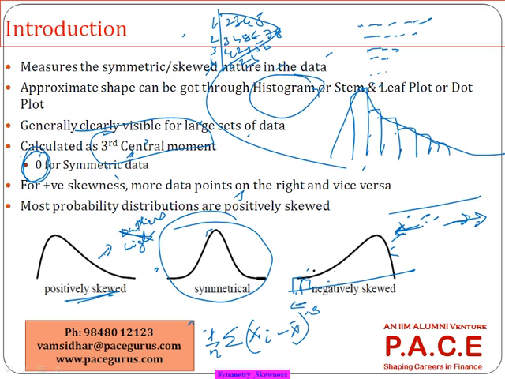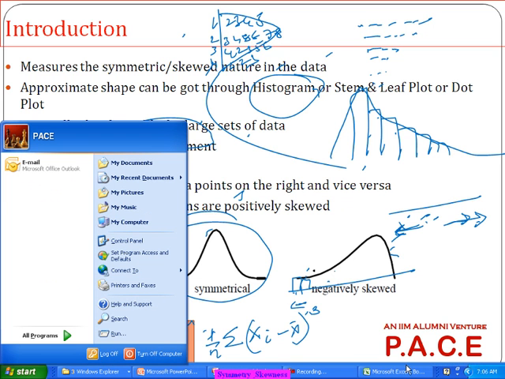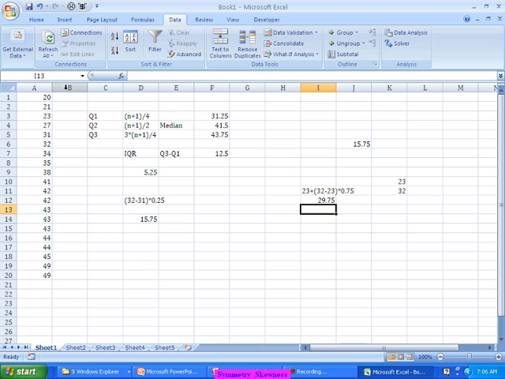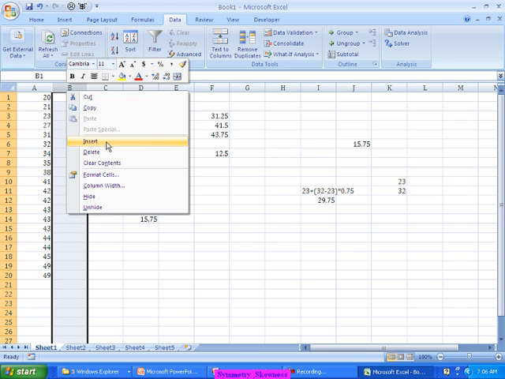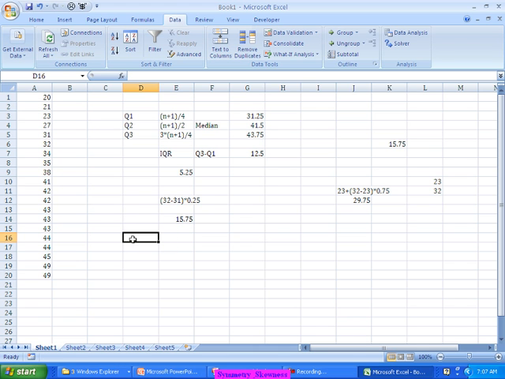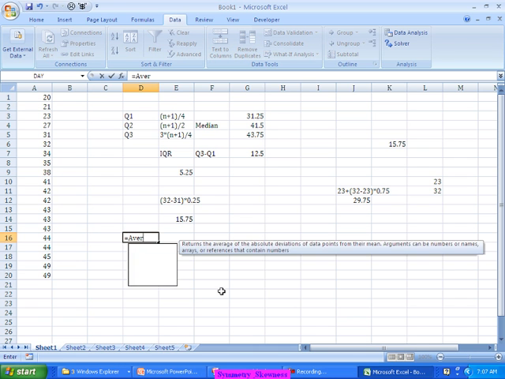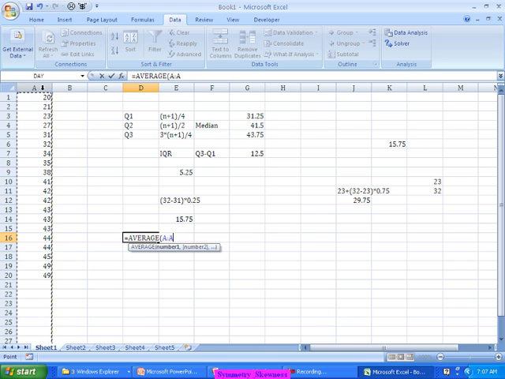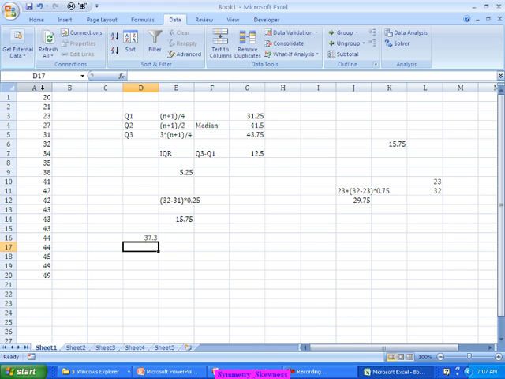Now let's say on the data itself, if I have to apply it, let's see on this data. The mean of this data is 37.3.